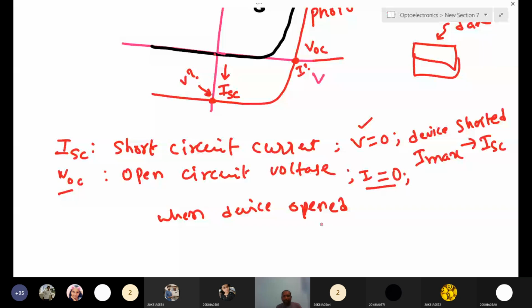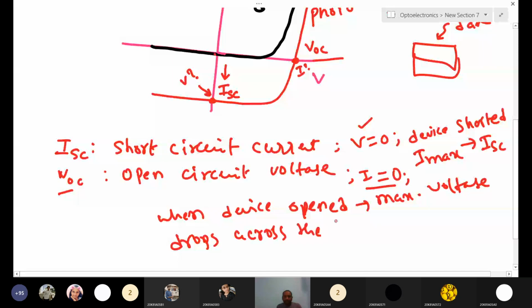When the device is open, maximum voltage drops across the device. This we call open circuit voltage. Open circuit voltage is just when your device is open, we are not connected, which means current is zero, right?